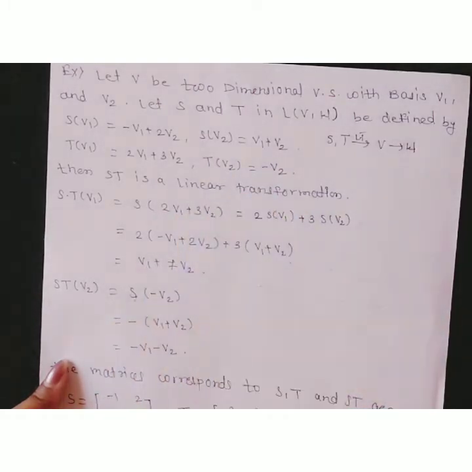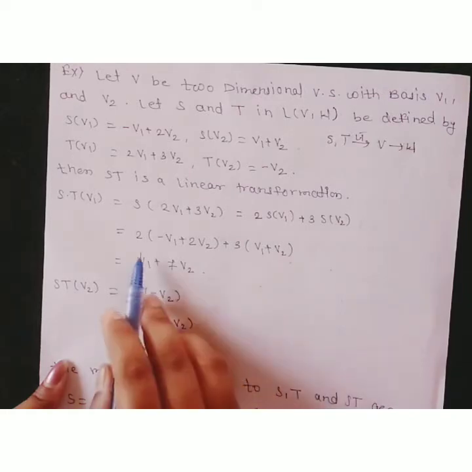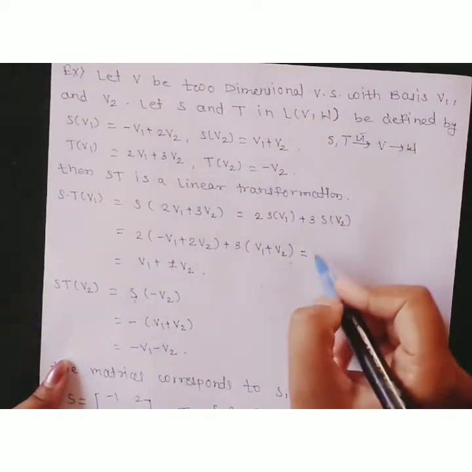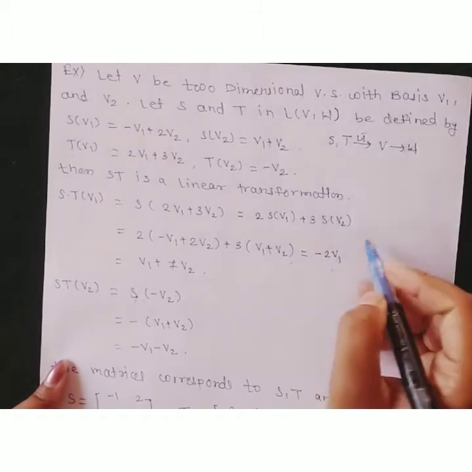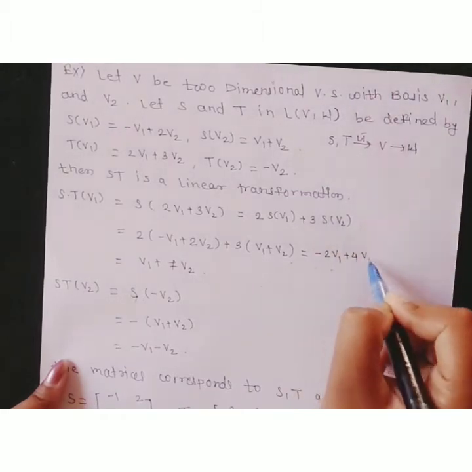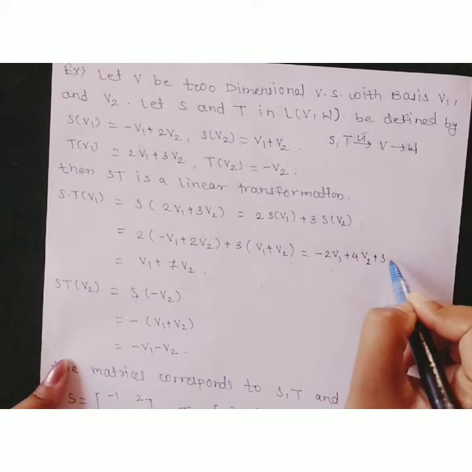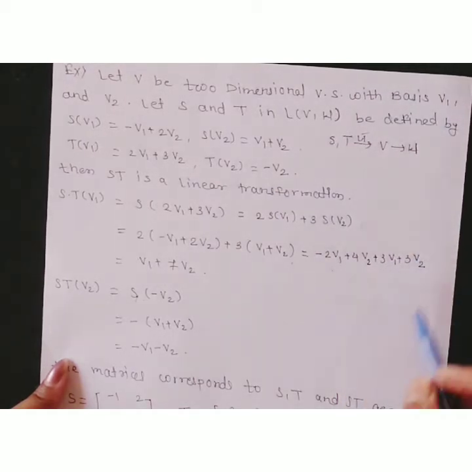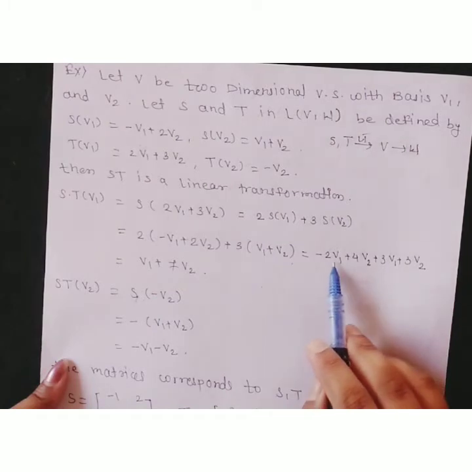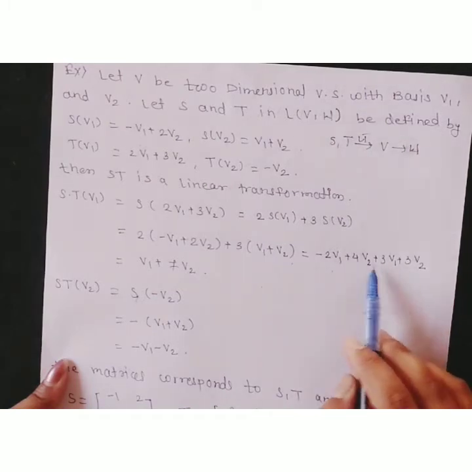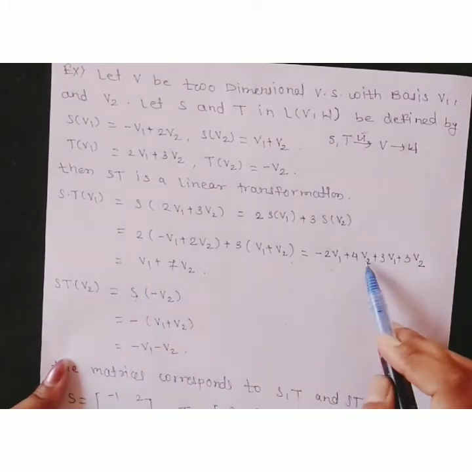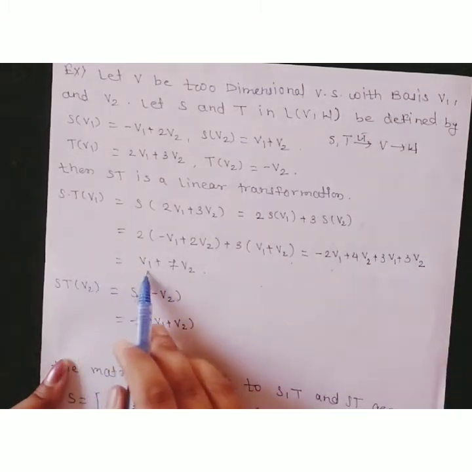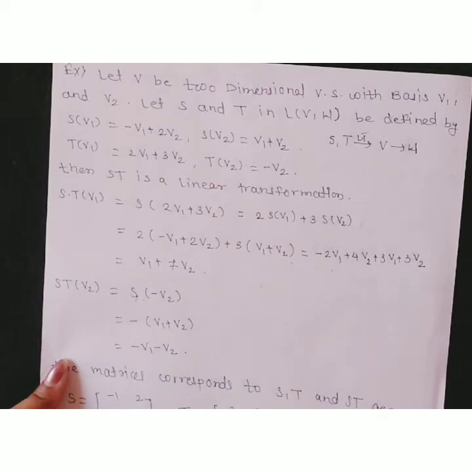Multiplying inside the brackets, this is minus 2v1 plus 4v2 plus 3v1 plus 3v2. Minus 2v1 plus 3v1 is v1, and 4v2 plus 3v2 is 7v2. Therefore ST operating on v1 is v1 plus 7v2.